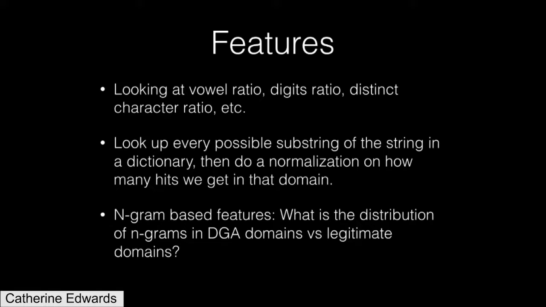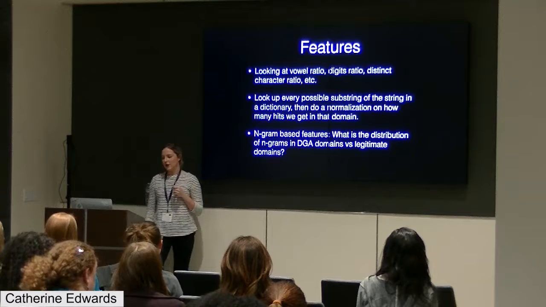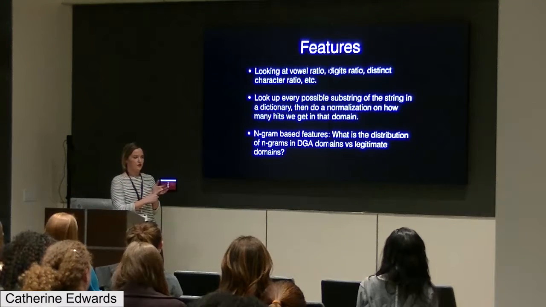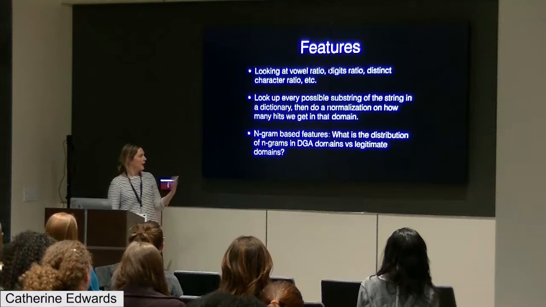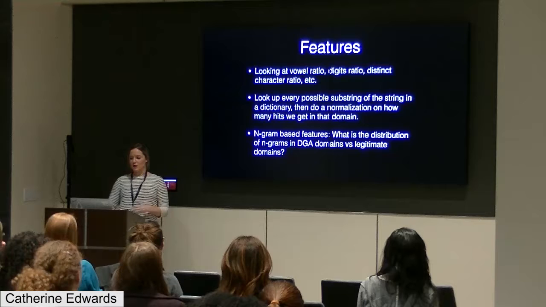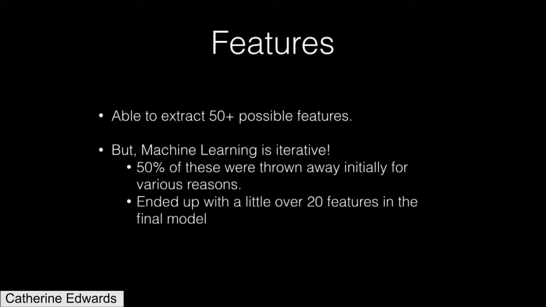We look at every possible substring in that string and compare it to a dictionary and say, are there real English words that exist within this string somewhere? And get that ratio. We use n-gram-based features, things like that. So we actually were able to extract over 50 features from just these small character strings, which is pretty surprising.